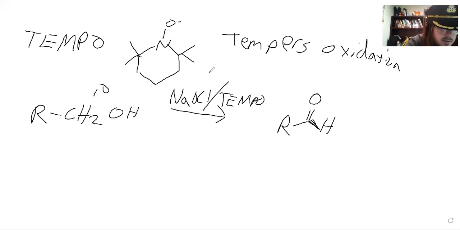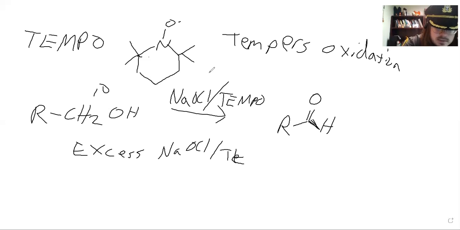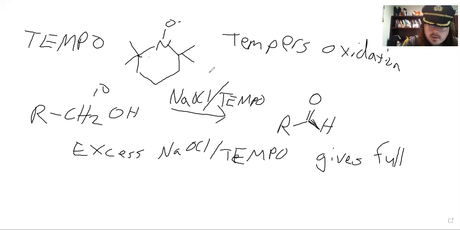However, excess sodium hypochlorite with TEMPO will still fully oxidize. So you obviously have to have one equivalent of sodium hypochlorite. It basically slows this down to a point where you can extract this. You don't get the full oxidation because you can slow it down with the TEMPO.